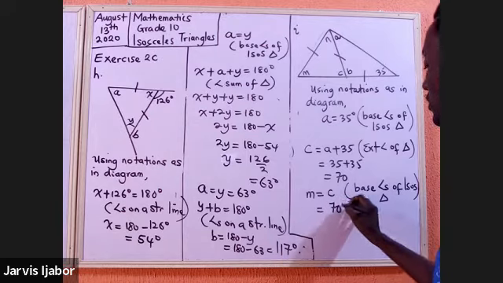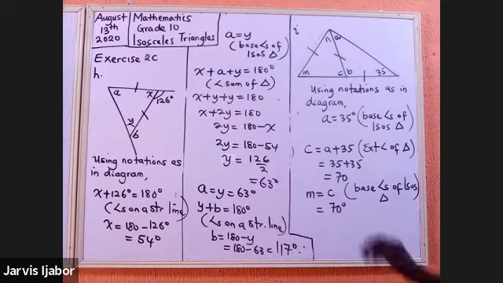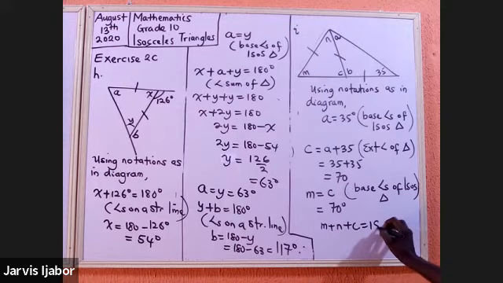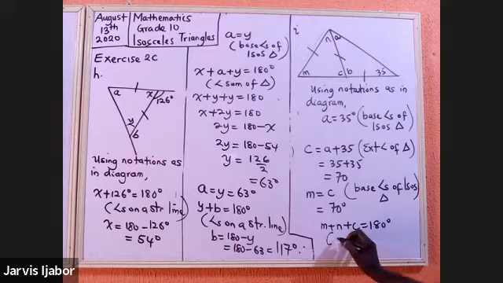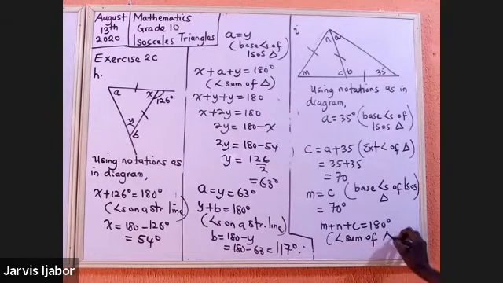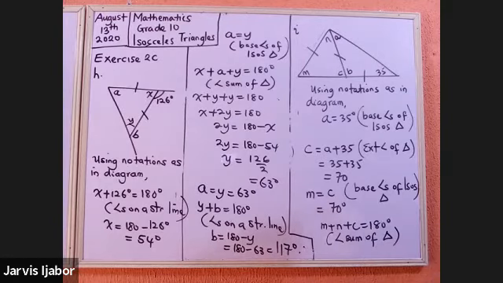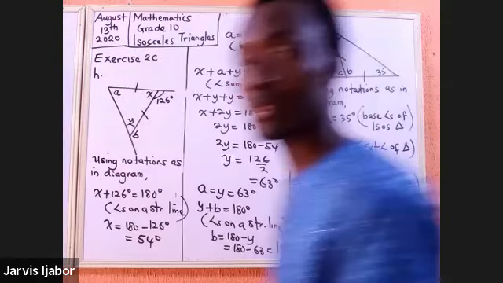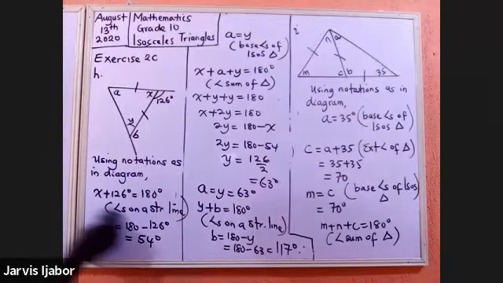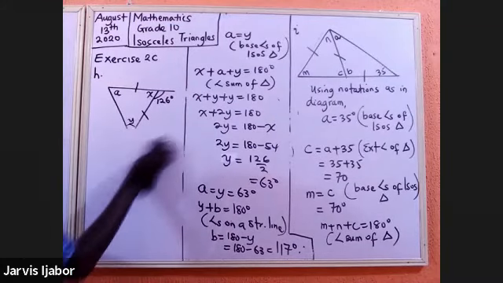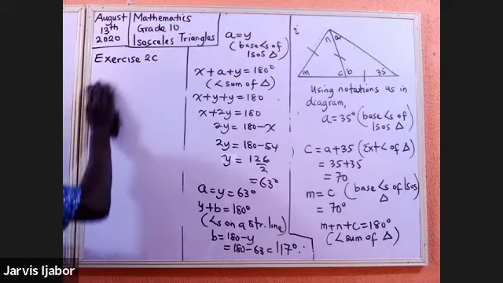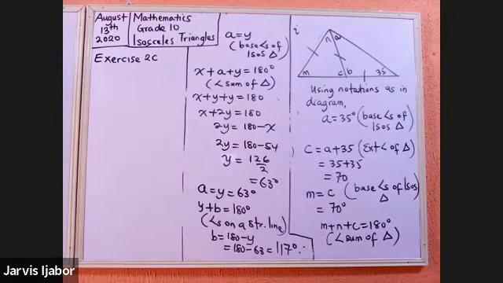70 degrees. Now, one other thing you need to take note of is that M plus N plus C is equal to 180 degrees. And what's the reason for that? Angle sum of triangle. Right? So what else do we have there?